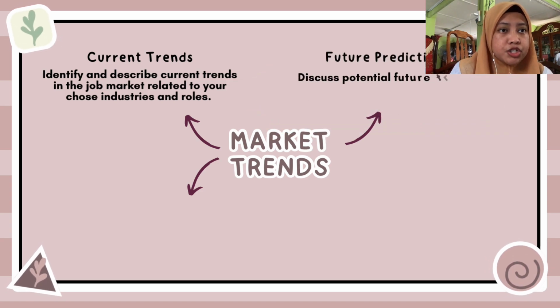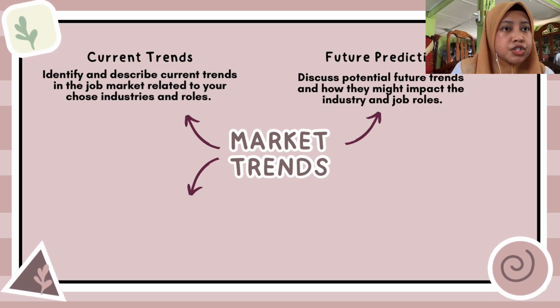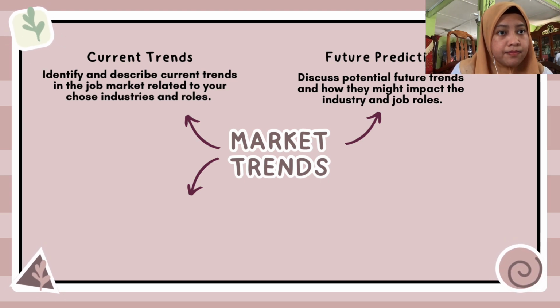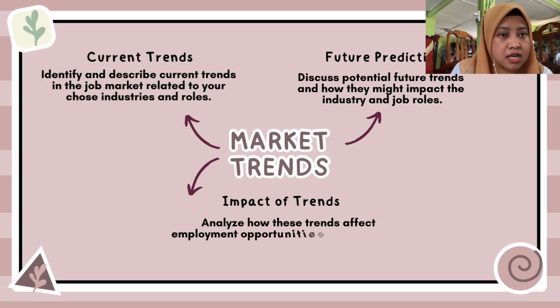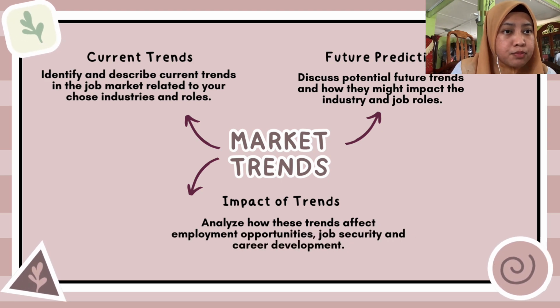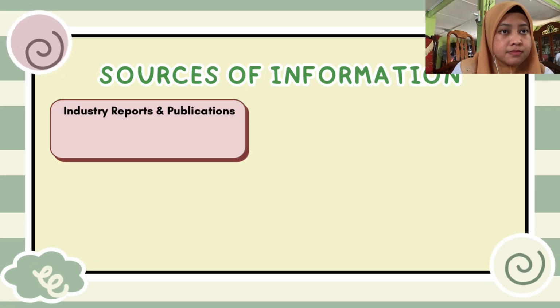The next one is future prediction. Discuss potential future trends and how they might impact the industry and job roles. And lastly, you need to know the impact of the market trends. You need to analyze how these trends affect your employment opportunities, job security, and also career development.